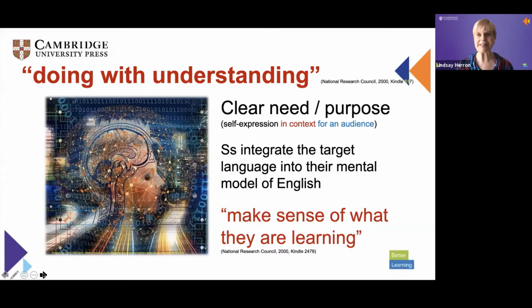And that purpose is self-expression in a particular context and for a particular audience. And so when students have a purpose, when they can understand why they're using this target language, they can begin to integrate the target language into their mental model of English. And that's what helps them make sense of what they are learning.